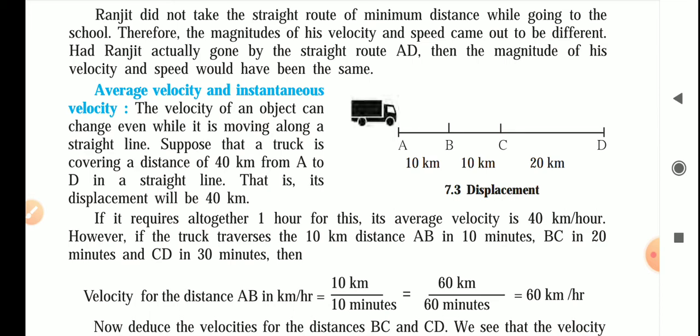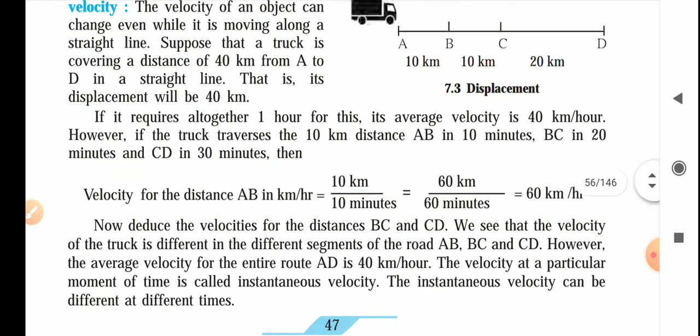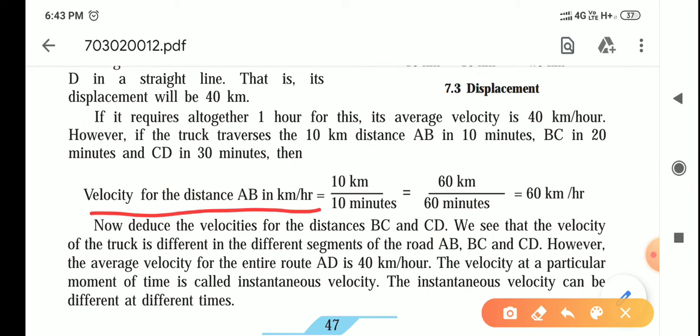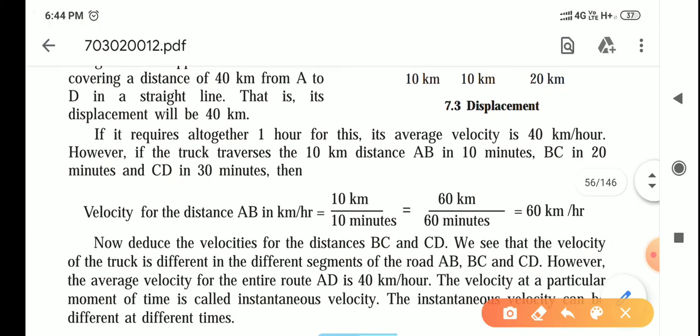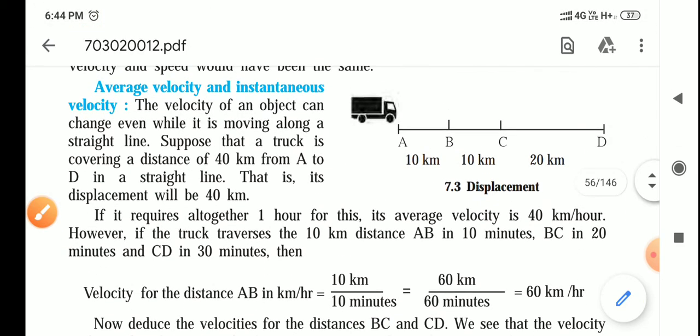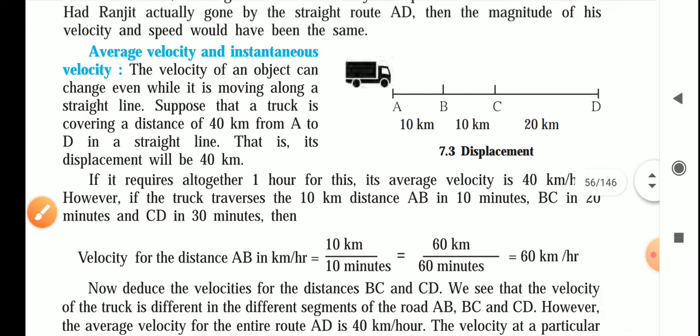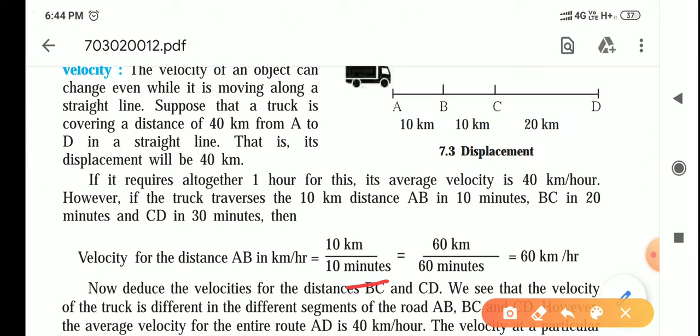So the velocity for the distance AB in kilometers per hour will be displacement over time. What is displacement for AB? It is 10 km and time required is 10 minutes. So it will be 1 km per minute. Okay, so instead of writing like that, whenever distance is in kilometers, you have to write time in hours. So we will convert these minutes into hours. 60 minutes equal 1 hour.